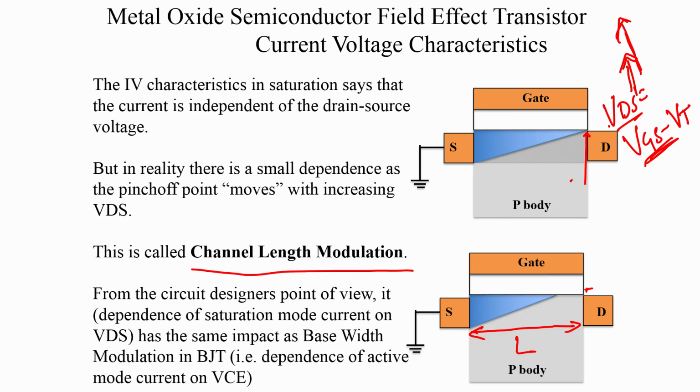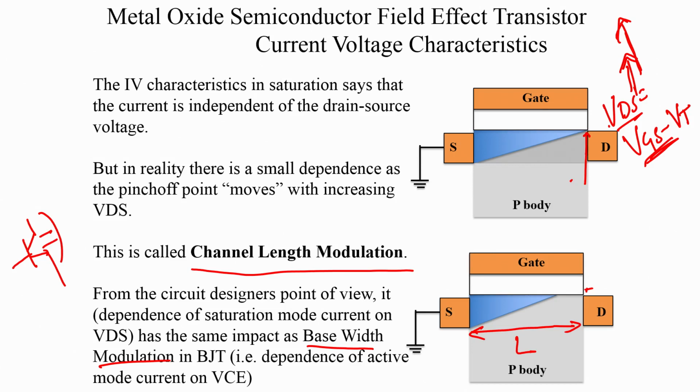Now, from the point of view of a circuit designer, this channel length modulation in a MOSFET has an equivalence. If you remember, in the case of a BJT, we had the base width modulation. You had your BJT operating in active mode, and in active mode your Vc was not supposed to influence the current a lot, but even then we saw that the Vc does influence the current because the width of the base changes, because the depletion thicknesses change.